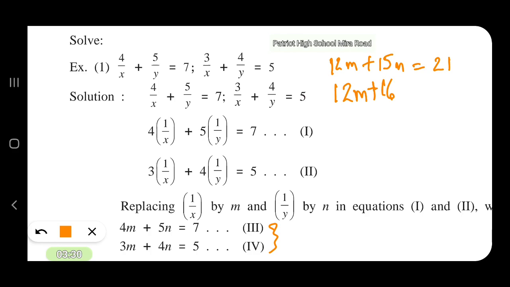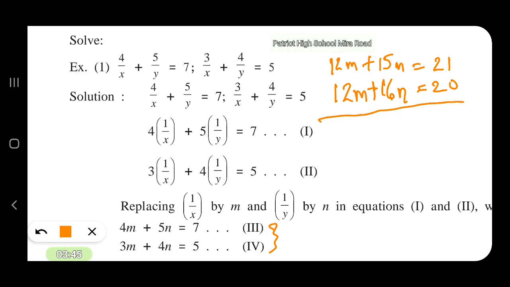We are working with the method of elimination. So 4 multiplied by 3 gives 12m, 4 multiplied by 4n gives 16n, is equal to 4 fives are 20.